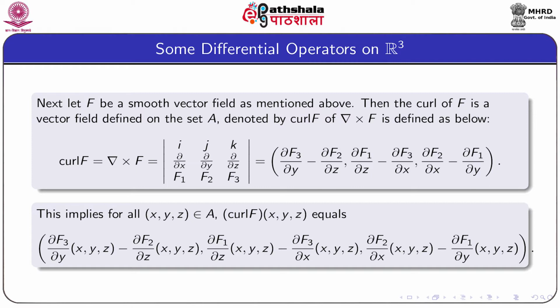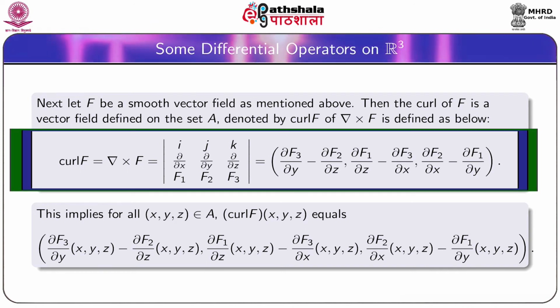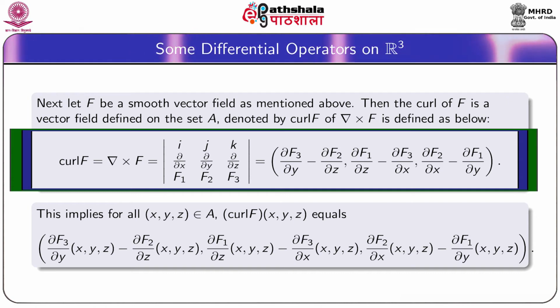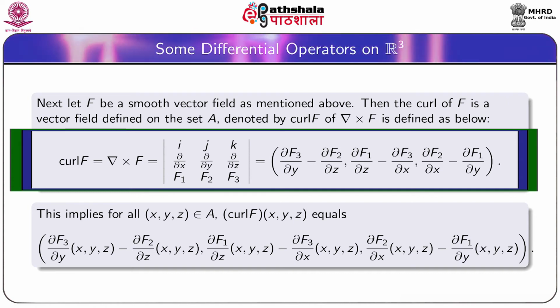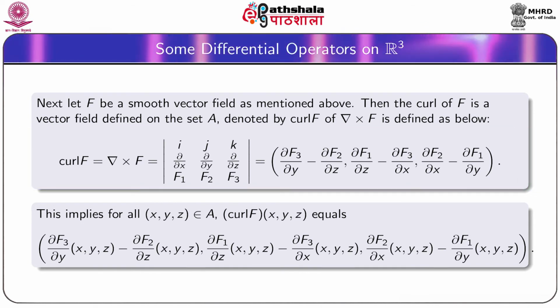Next, let capital F be a smooth vector field as mentioned above. Then the curl of capital F is a vector field defined on the set A. It is denoted by curl F or nabla cross F and is defined as follows. Curl F, that is nabla cross F. We write this using a notation looking like a determinant. In the first row i, j, k, second row ∂/∂x, ∂/∂y, ∂/∂z, and third row f1, f2, f3.